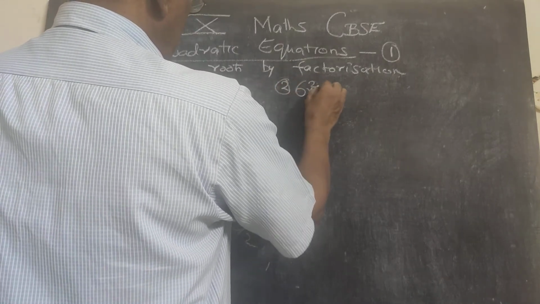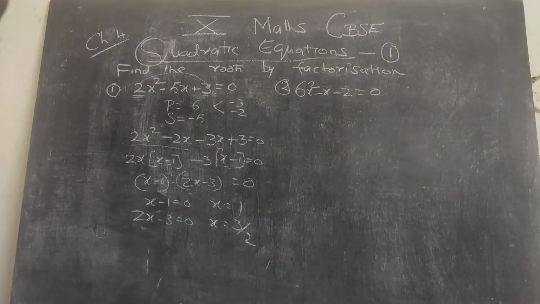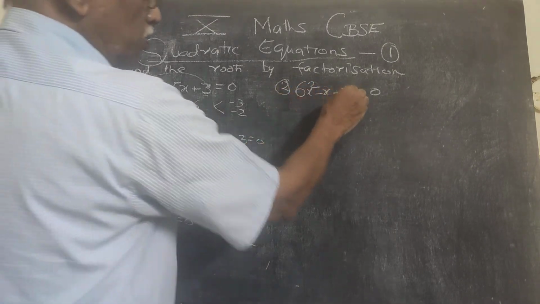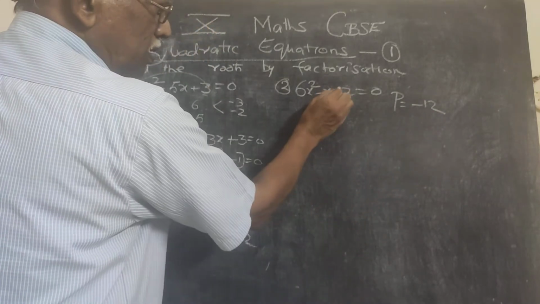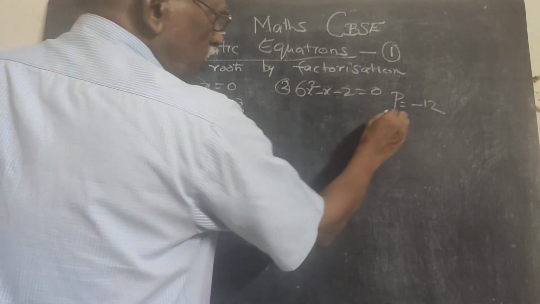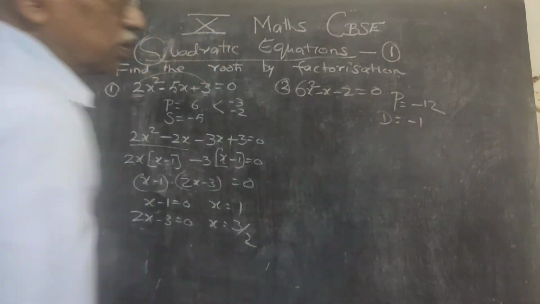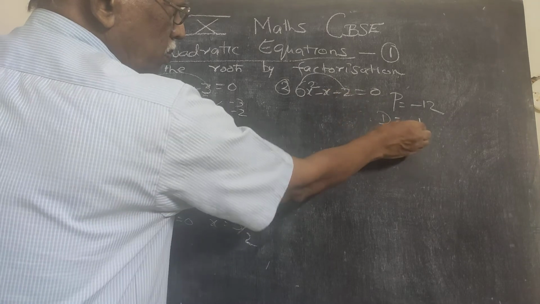6x square minus x minus 2 equal to 0. Here again you go for that. The coefficient of x square is 6, the constant term is 2, so the product is minus 12. The constant is minus, therefore the difference of two numbers should be equal to the coefficient of x, that is minus 1.